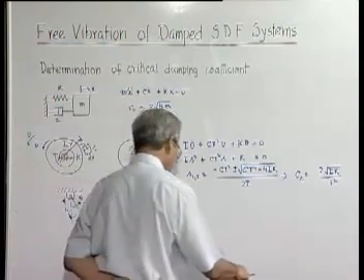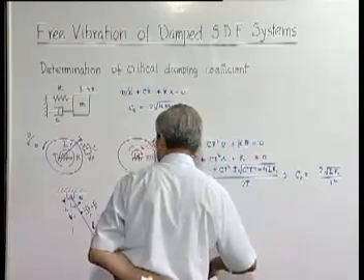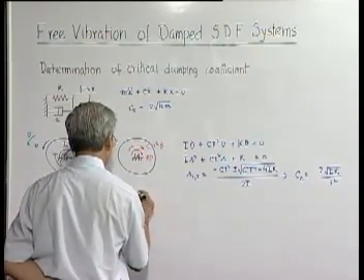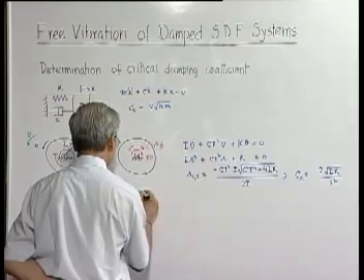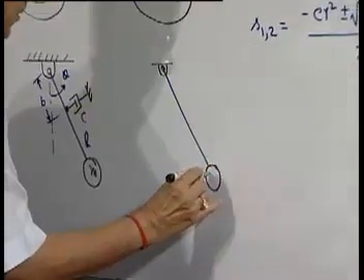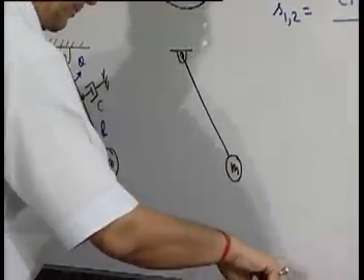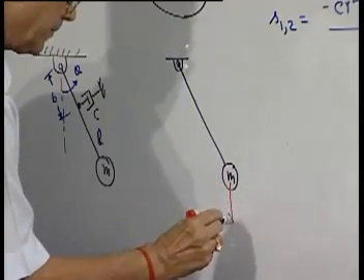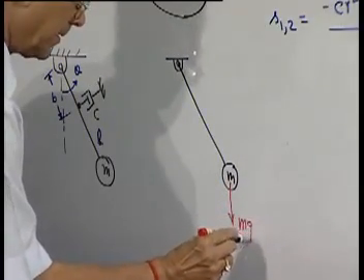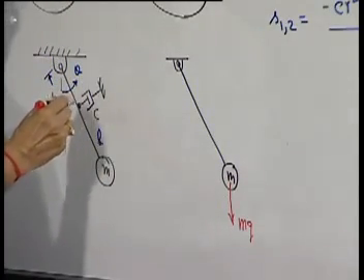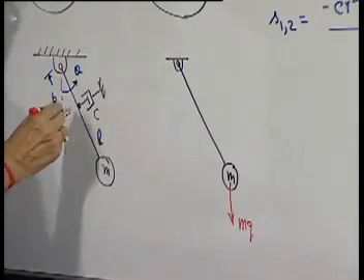The last case. Again it is an angular motion. The forces are, one is the weight, and when it is moving with theta dot, the velocity of the piston is b into theta dot.